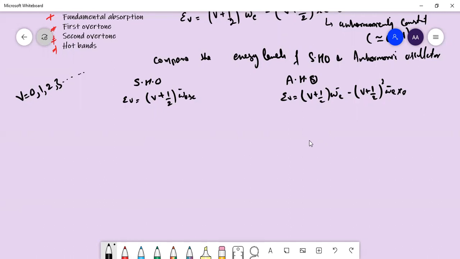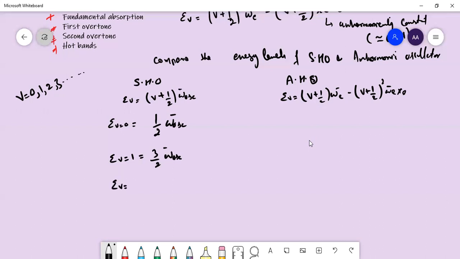If I first substitute v = 0, the energy equation gives E_0 = 1/2 ω bar. If I substitute v = 1, I get 1 + 1/2, that is 3/2 ω bar.